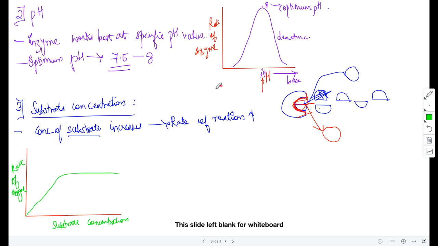Earlier, everything reached an optimum level, then came down and could be denatured, right?